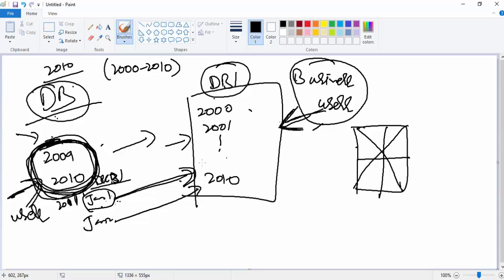Now the business users access a separate database and the users access a separate database. Because I have split the usage, it will have good performance.